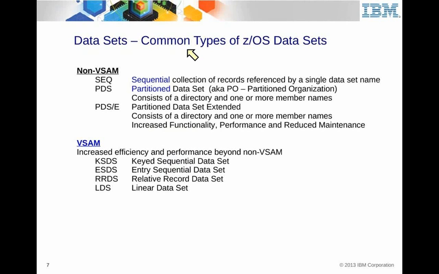Now, one thing that's different about z/OS, which is a new paradigm for many people that are only used to Linux, Unix, or Windows, is that in those systems the way all data is presented all looks the same. In Unix and Linux, there's a thing called PFS, Physical File System. It's the data access method.